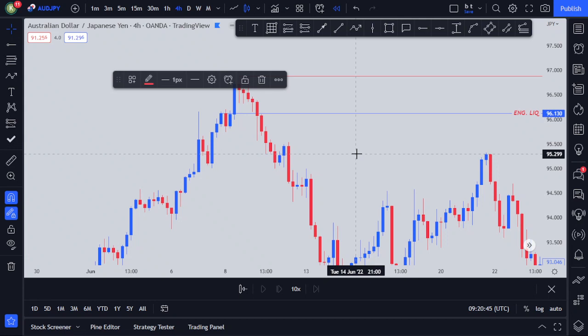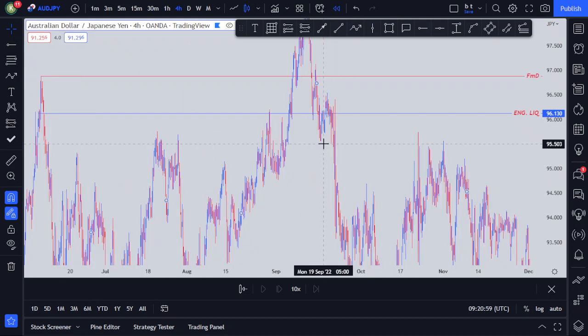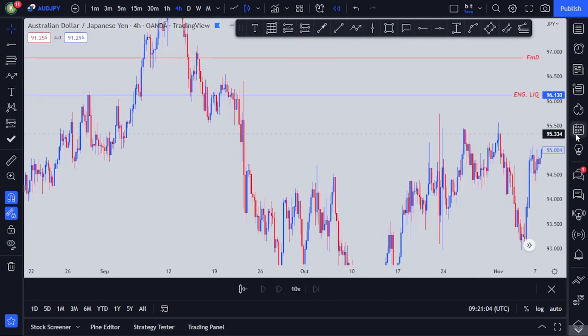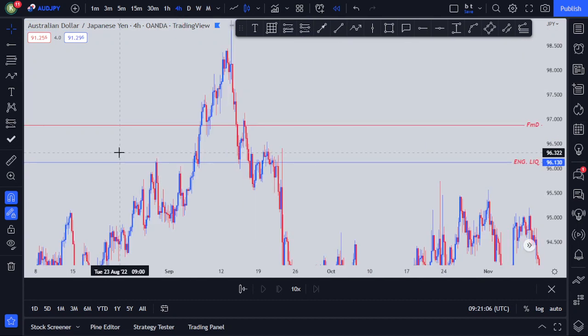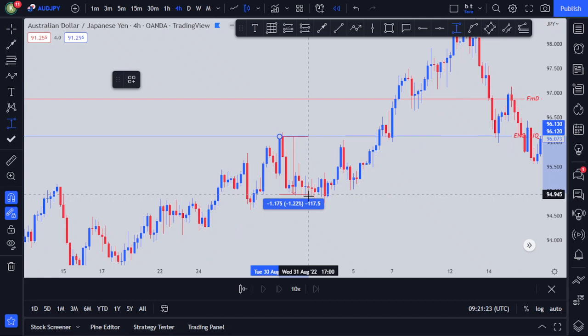And when you come here, you can see that when price came here, where is this guy? Yes, they are here. When price came here, it respected it and dropped for a few pips.